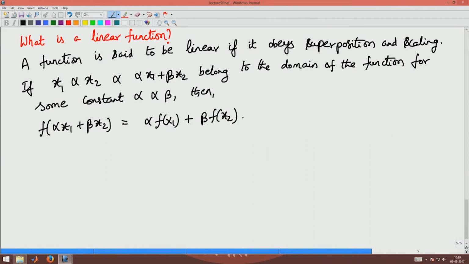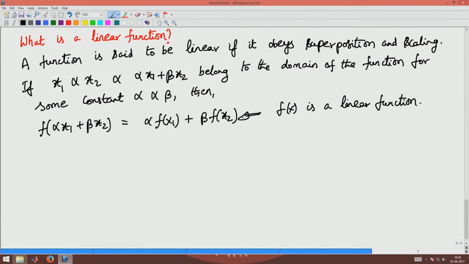Okay. If the function obeys this rule, then it is said to be linear. Okay. This implies f of x is a linear function.